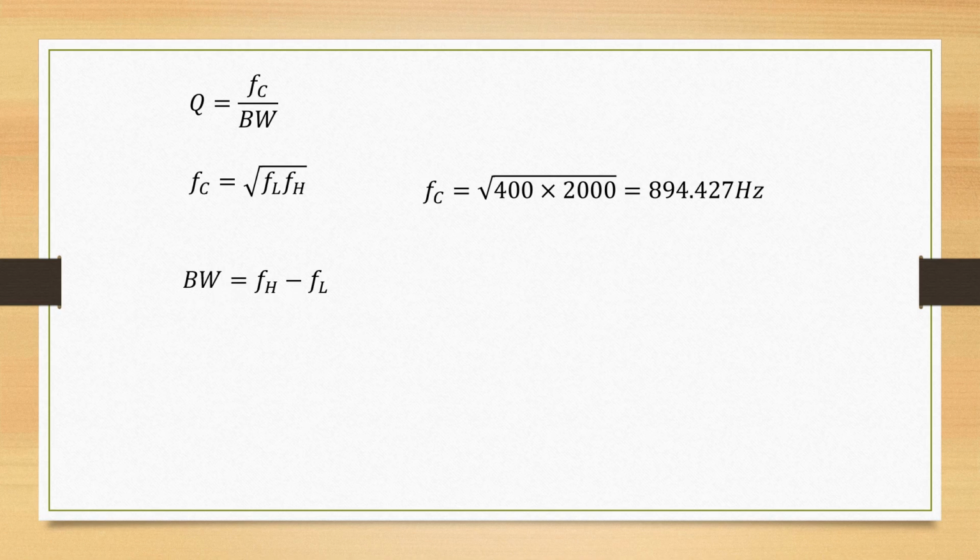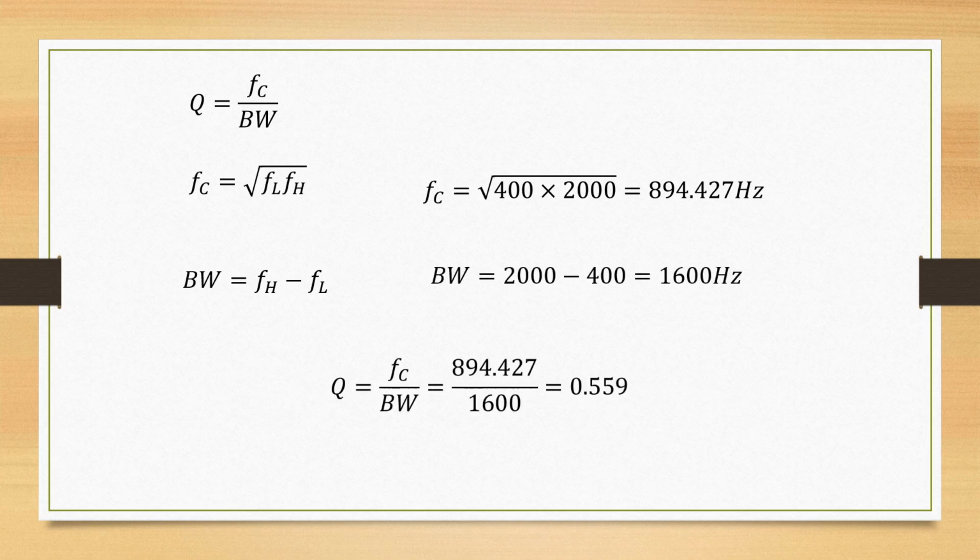Similarly, bandwidth BW is equal to Fh minus Fl, which gives 1600. Substituting in the quality factor expression, we get the quality factor as 0.559. So this is the quality factor of a wide band pass filter.